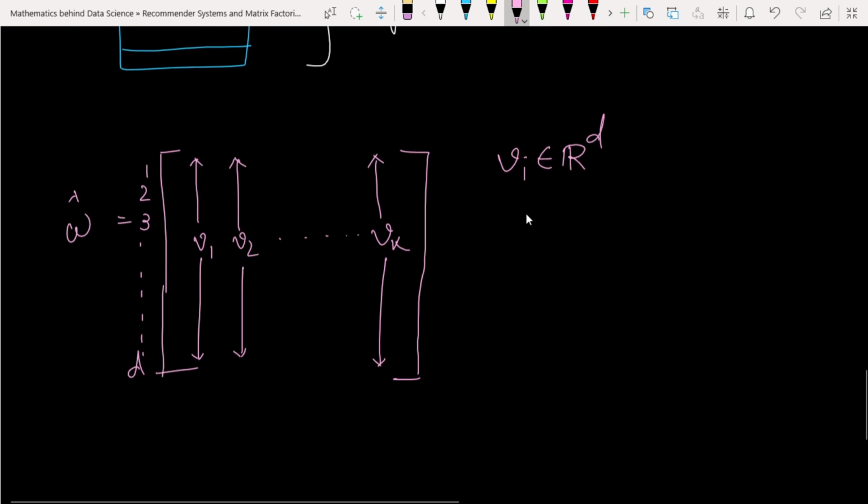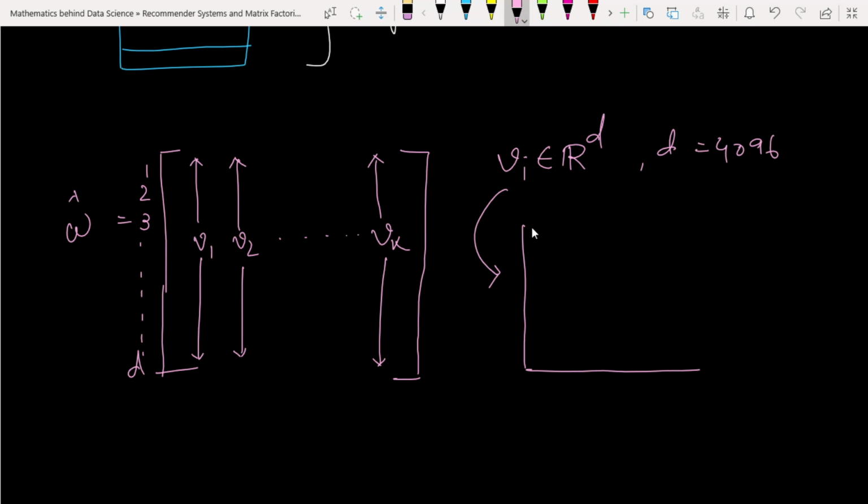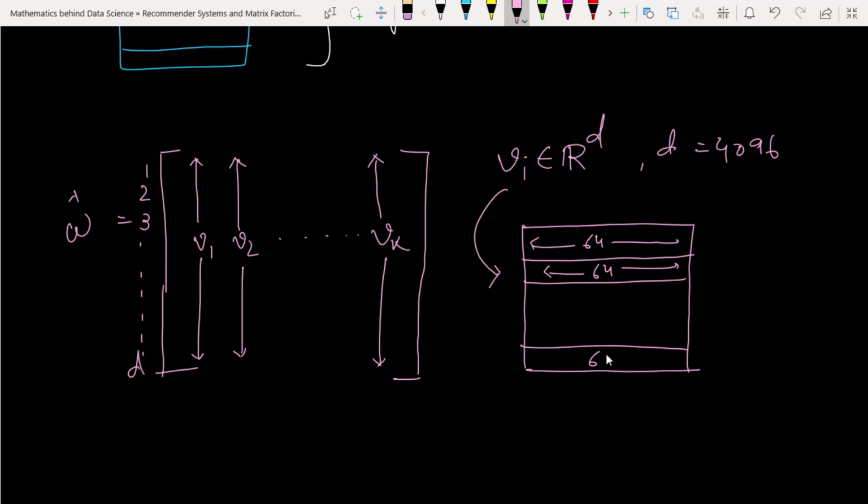Now the eigenfaces. Here D is 4096. If we convert this into an image format, this Vi will be converted: the first 64 data, then the second 64 data, and so on. So a single Vi is converted into a 64 by 64 image.